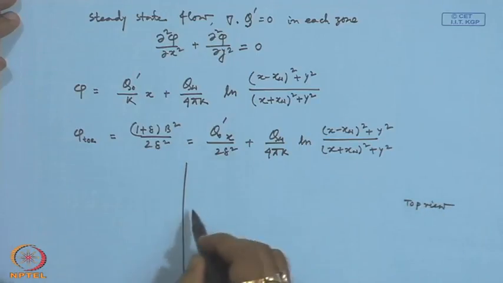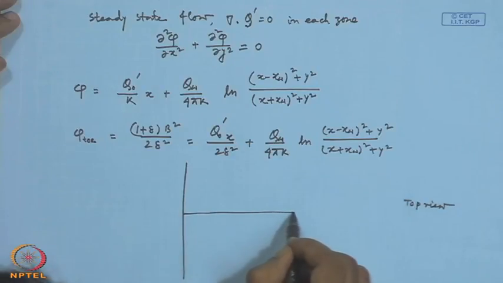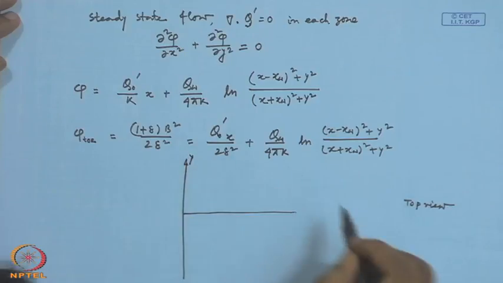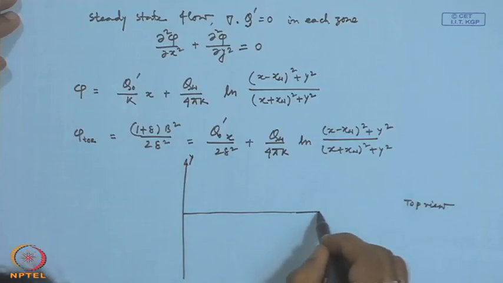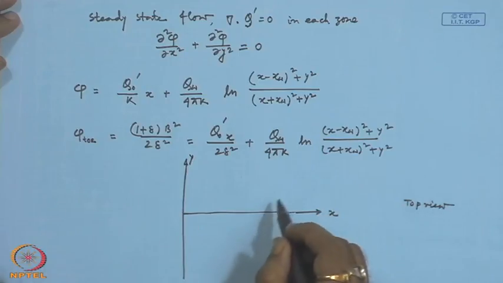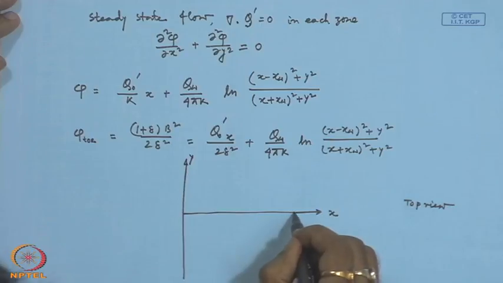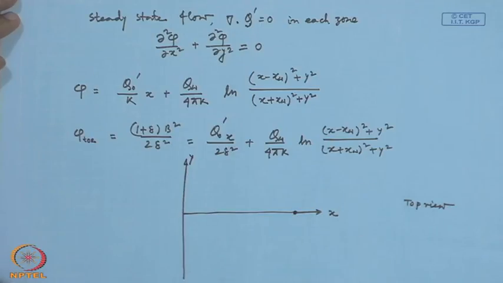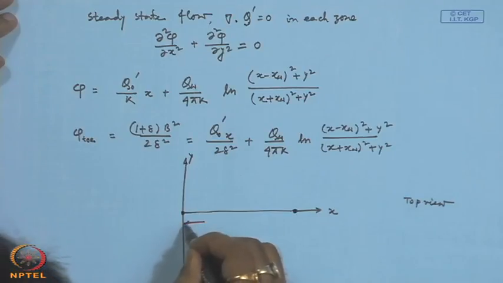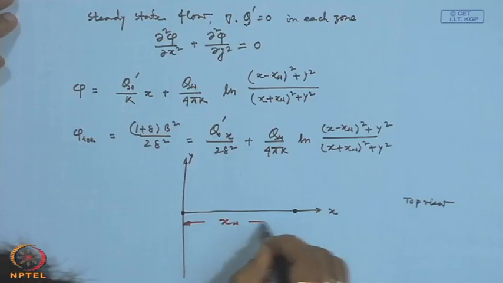In the top view we can see this is the y axis, this is the x axis, and this is the location of the pumping well, x w.